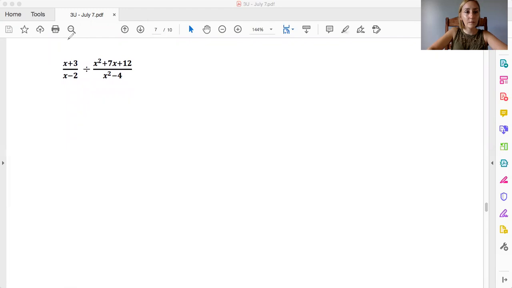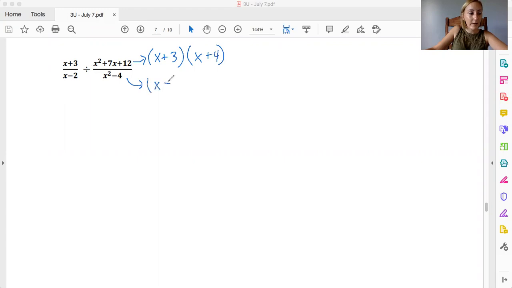Okay, so our first terms here, there's nothing to factor. This is a simple trinomial, so two numbers that multiply to give you 12, but add to give you 7. So that would be 3 and 4. And then this guy is a difference of squares. There's two terms, a subtraction in the middle, and they both could be square rooted.